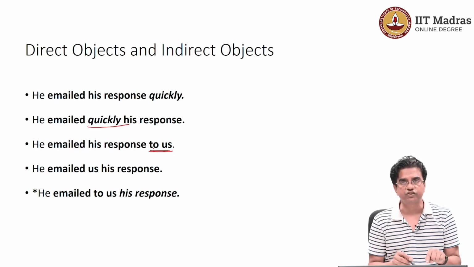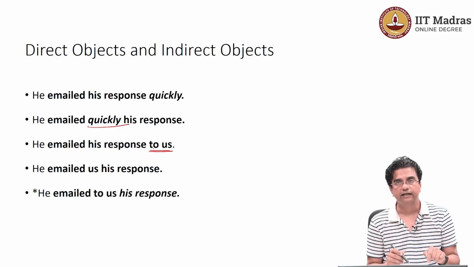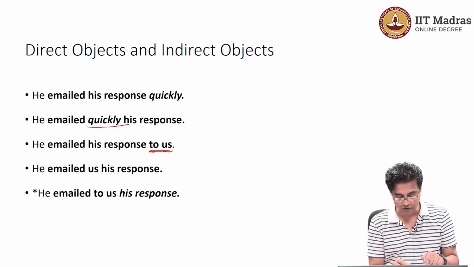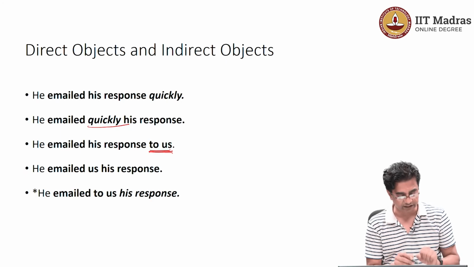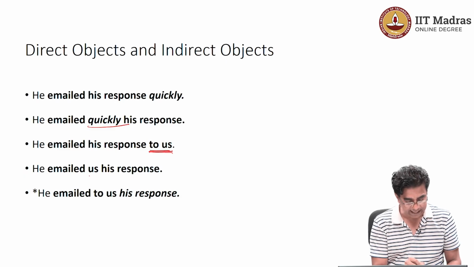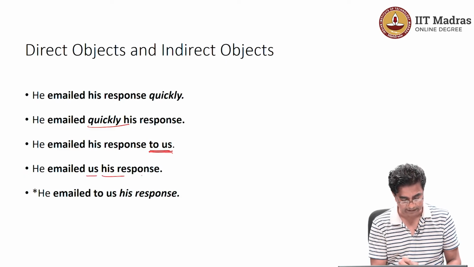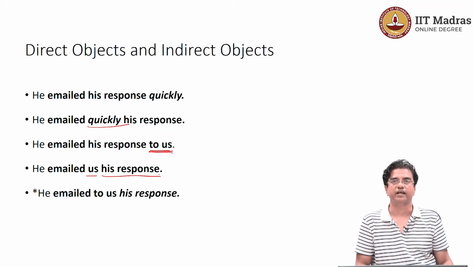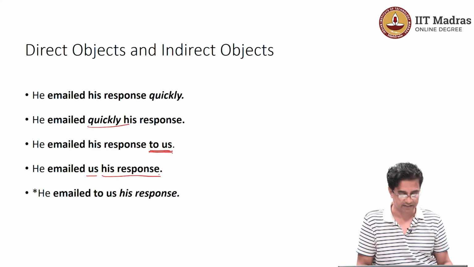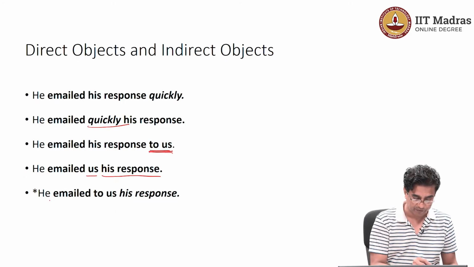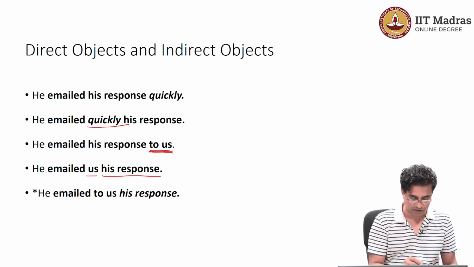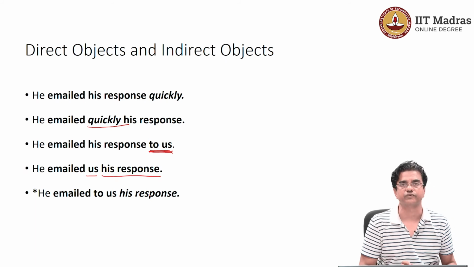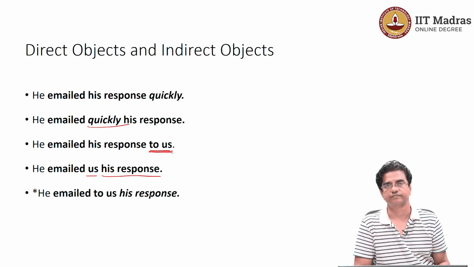But when it is not used with a preposition in English, it can precede the direct object. He emailed us his response. But if we say, he emailed to us his response, it is not a good sentence.